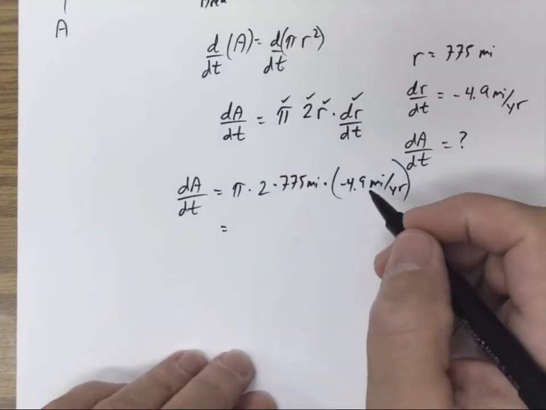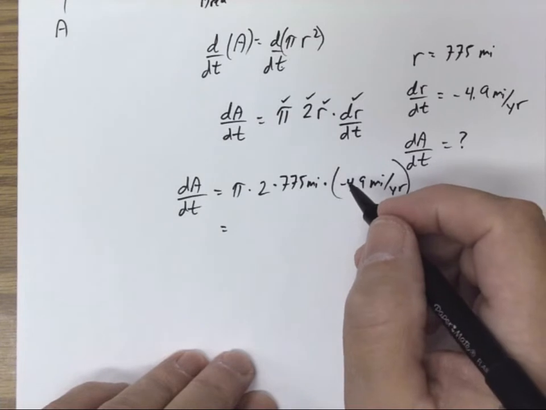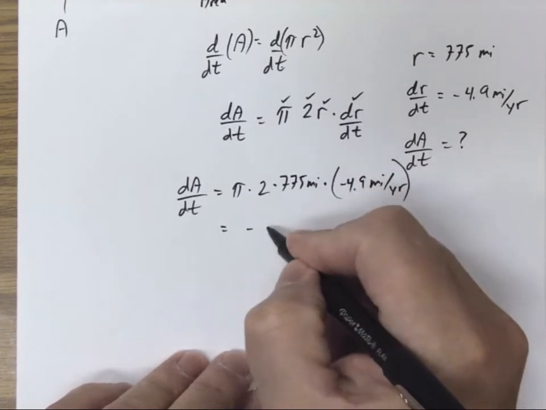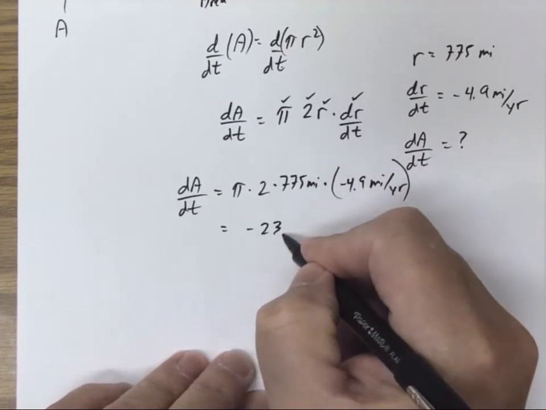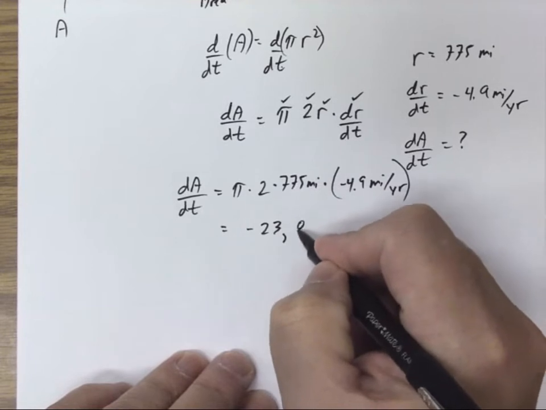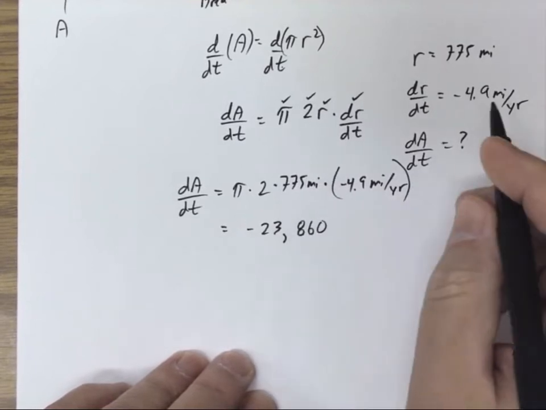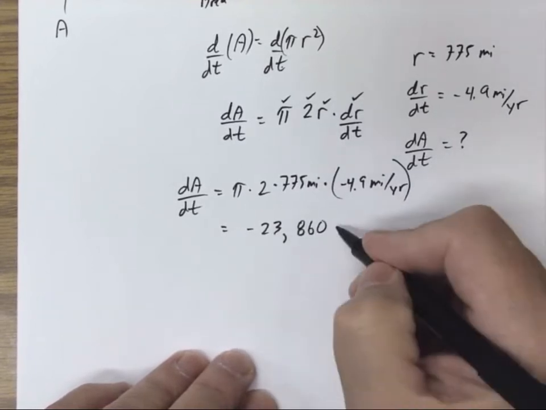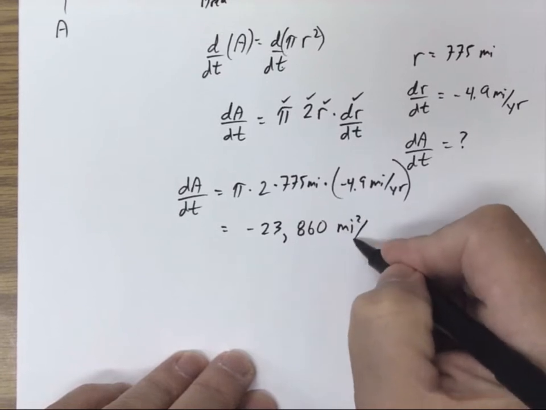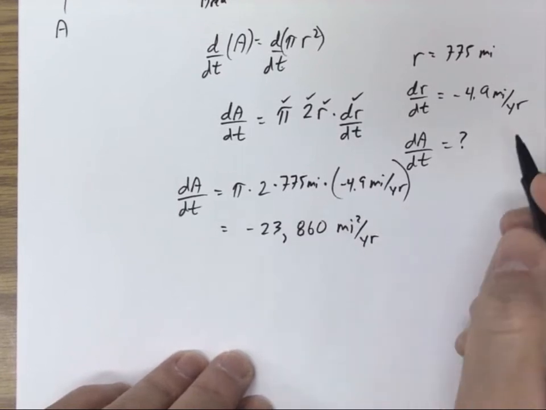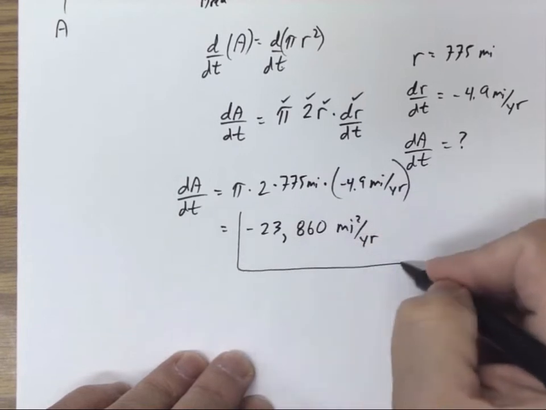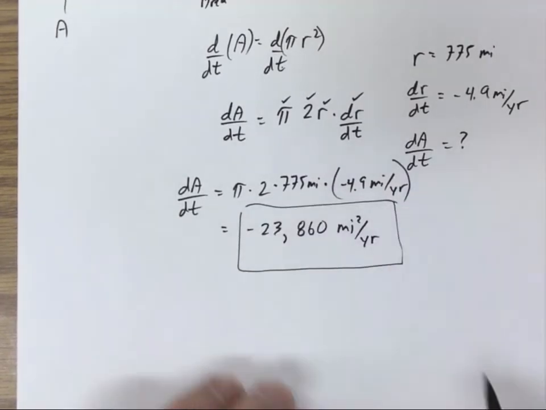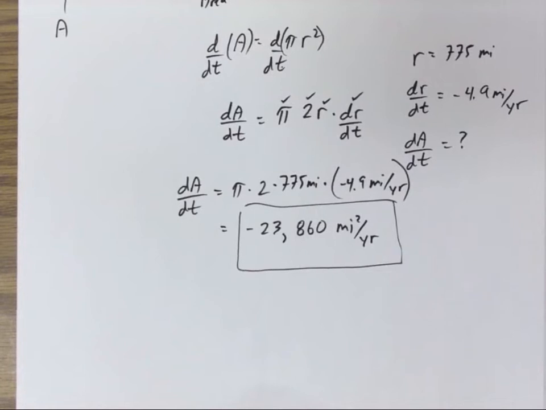I'm just going to round it to the nearest digit because it's a pretty big number, negative 23,860 square miles per year. So according to these calculations and these numbers, the area of the ice cap is shrinking at this rate.